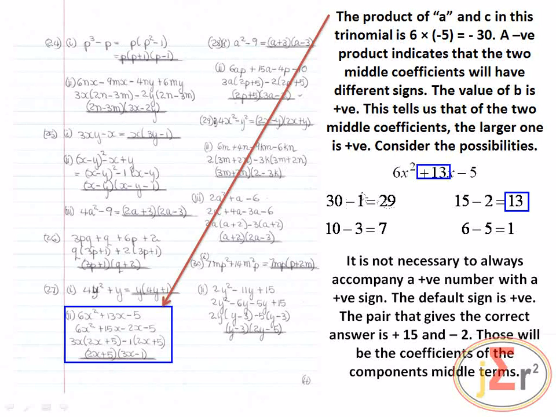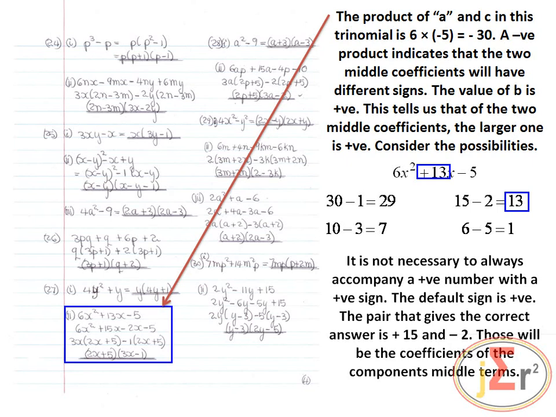Maybe one reason for the examiners giving a problem like this one, 6x squared plus 13x minus 5, is that students or some candidates may not consider the signs too seriously, not giving the necessary respect that is due to the signs.